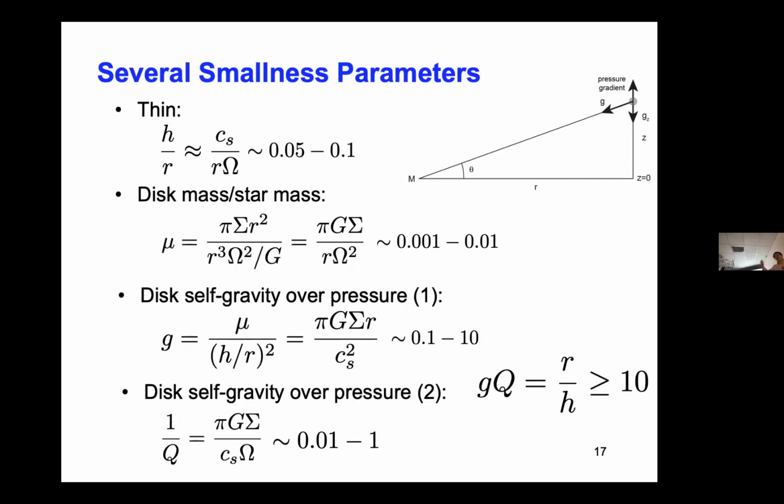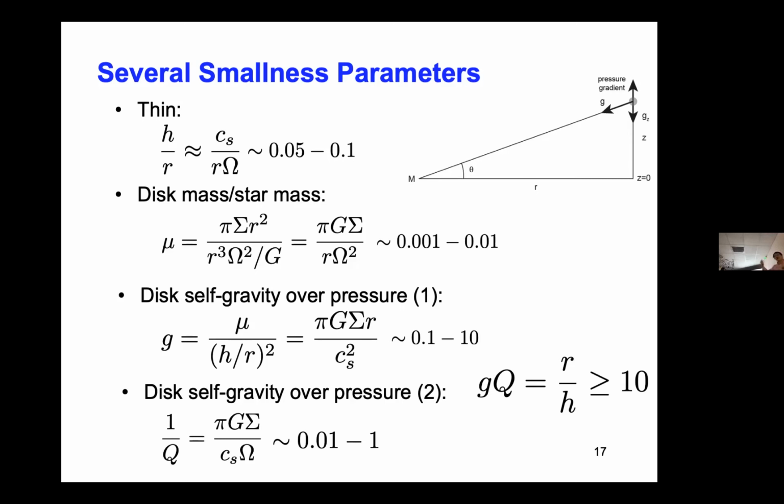Okay. Then you say, since you have dust and you're thin, maybe self-gravity is important. So we have two parameters that quantify the effects of self-gravity. One is what we call the G parameter, which takes this small mass ratio but boosts it by the pressure effects, the scale height squared, and that number becomes 0.1 or 10.